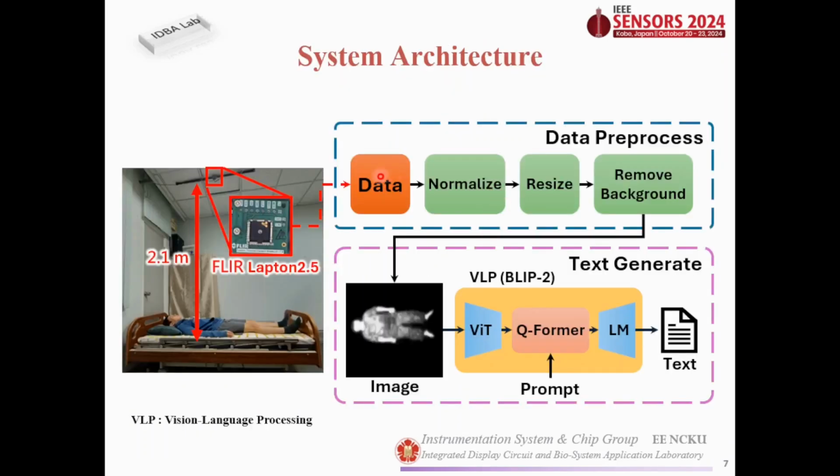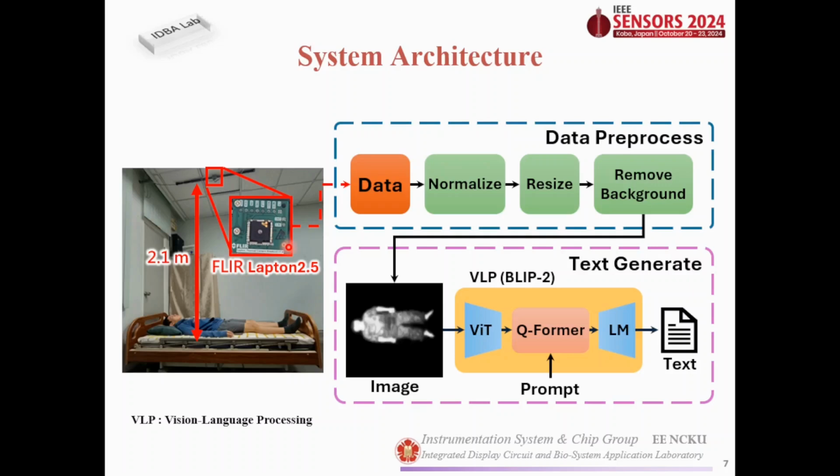The system consists of three parts: acquiring thermal radiation data, data preprocessing, and text generation. We use a thermopile array to capture thermal radiation values with a resolution of 80 by 60. The device is installed on the ceiling 2.1 meters above the bed.